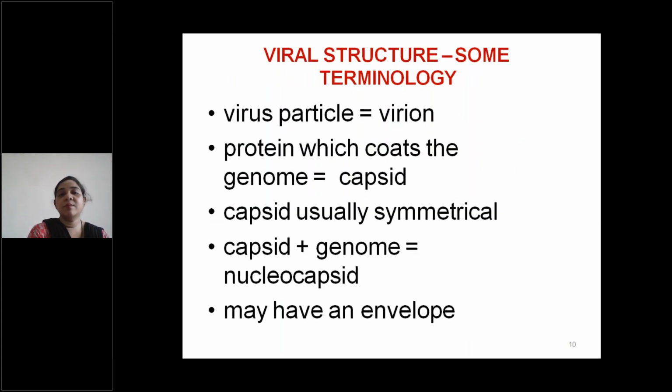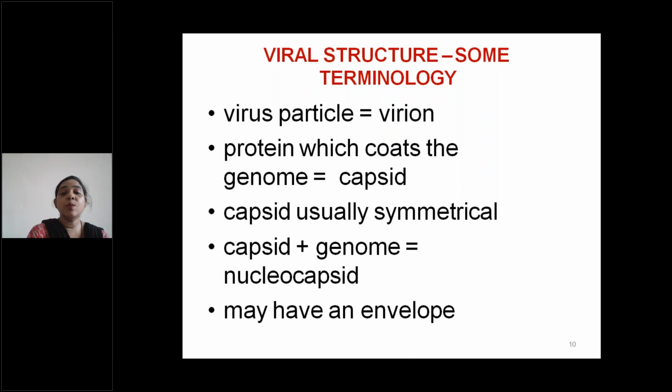Viral structure, some terminology, some important definitions. A viral particle is usually called a virion. Keep that in mind: one infectious, fully developed viral particle is called a virion. Now, what is the capsid?